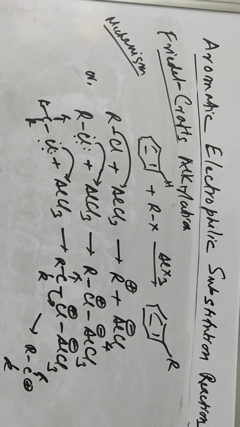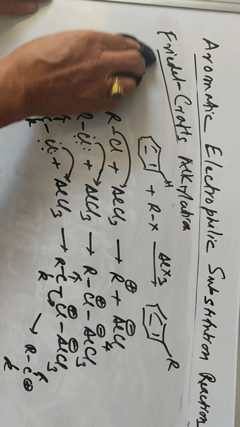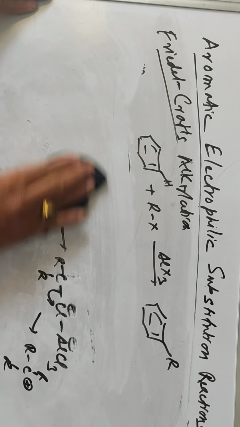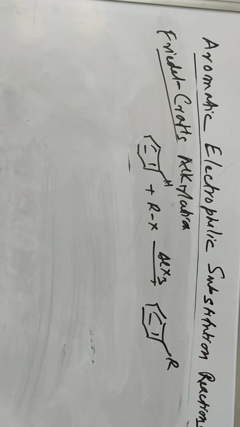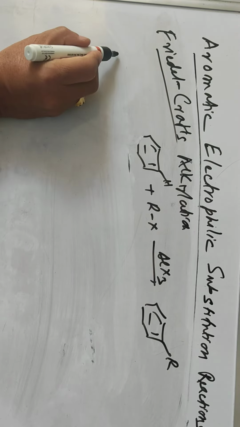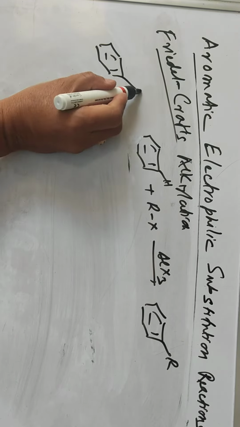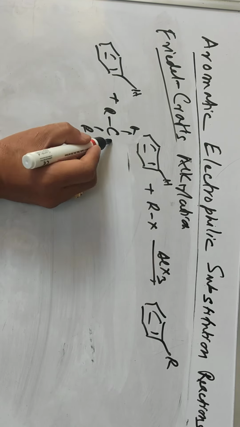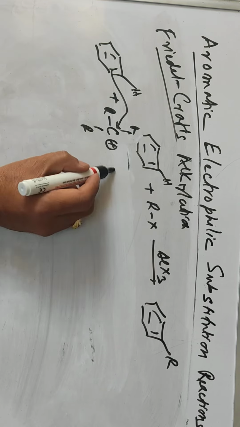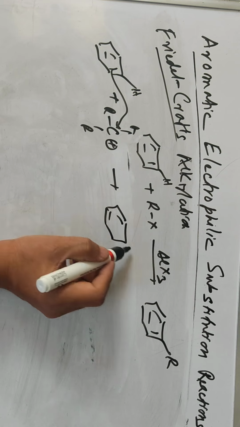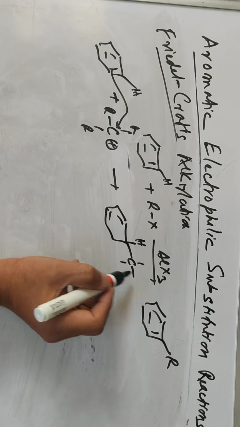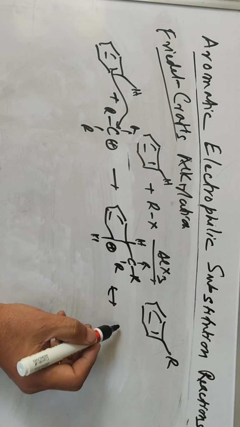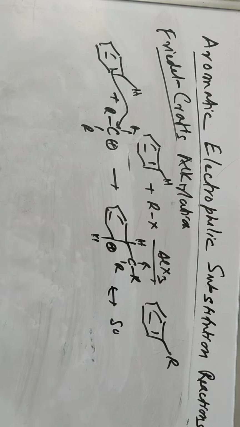So we have an electrophile here. This electrophile reacts with benzene again. In the next step, the electrophile attacks the benzene ring, whether it is this one or the bulky R group with this charge. Then alkyl groups are substituted and the charge is delocalized. Then there is loss of this proton.